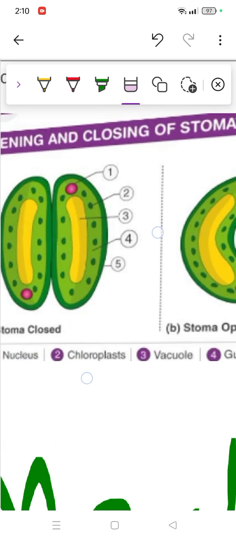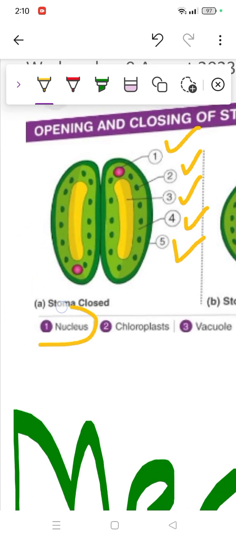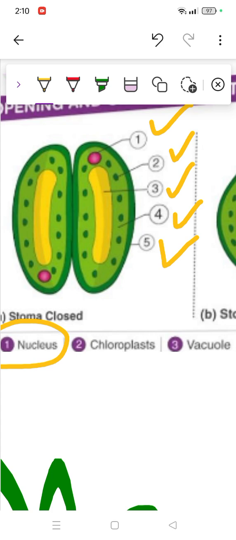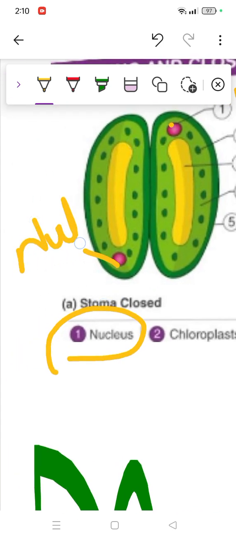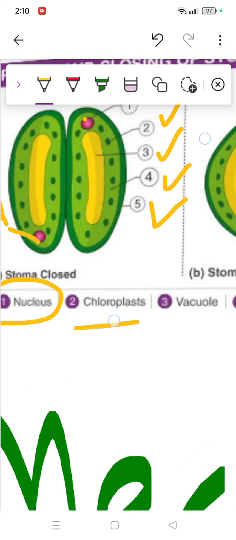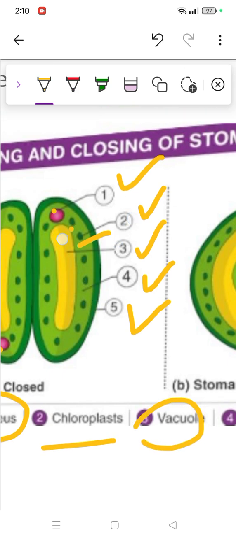Here are the labelings 1, 2, 3, 4, 5. The first one is the nucleus, this pink structure. The second is the chloroplast, which is a green pigment. Third is the vacuole, which is of large size, and the membrane of the vacuole is known as tonoplast.